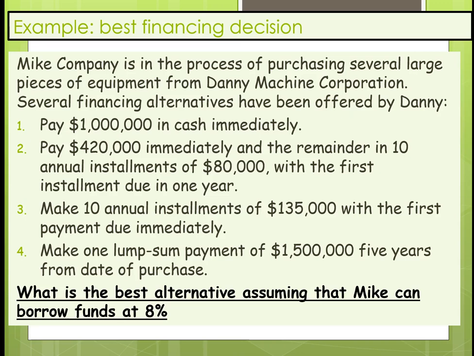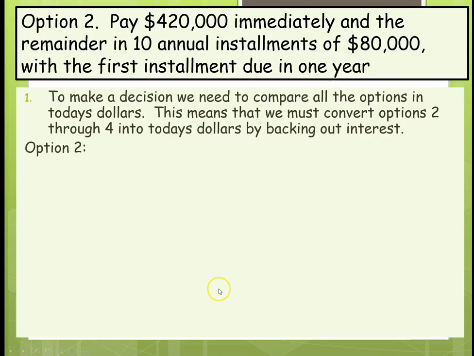Now we know first option is in today's dollars. Option 2, the $420,000 is in today's dollars, but the $80,000 is not. So we'll start with our second option. Pay $420,000 immediately and the remainder in 10 annual installments of $80,000 with the first installment due in 1 year.